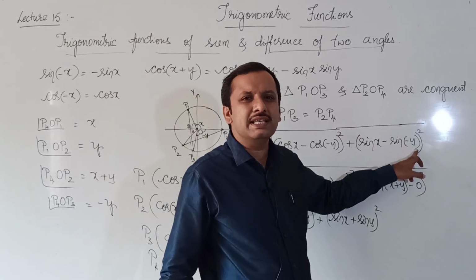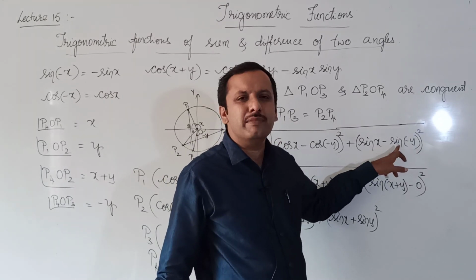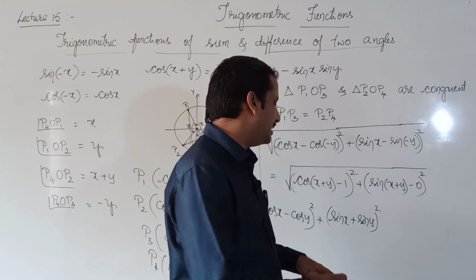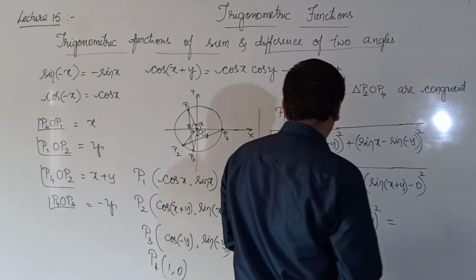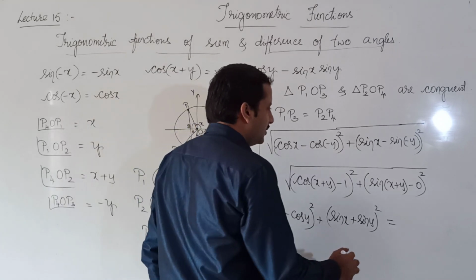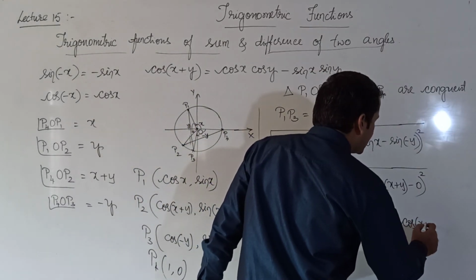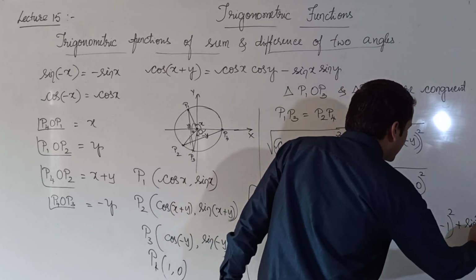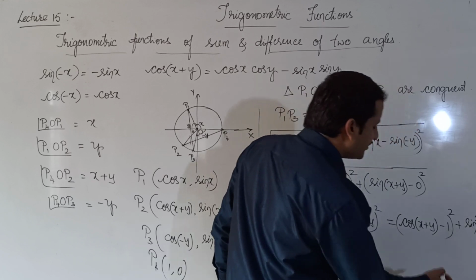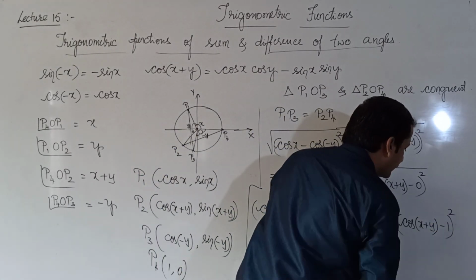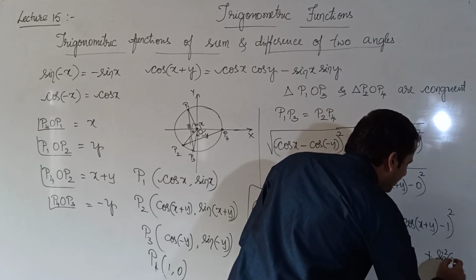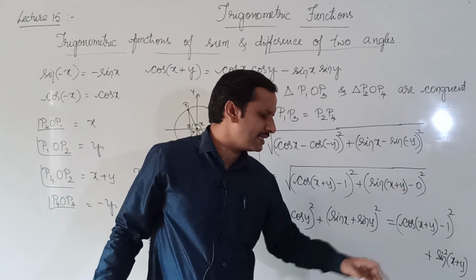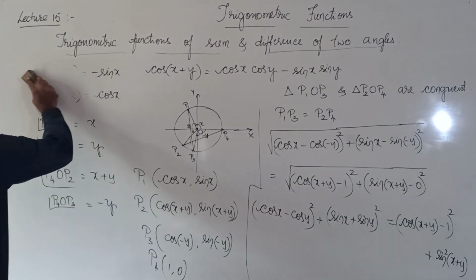Sin of minus y is equal to minus sin y, so sin x minus sin of minus y, minus into minus, becomes plus sin y. It is equal to, squaring this, (cos of x plus y minus 1) whole square plus sin square of x plus y. Is it visible? Okay, sin of x plus y minus 0 is sin of x plus y, whole square, sin square of x plus y. Let me continue here.